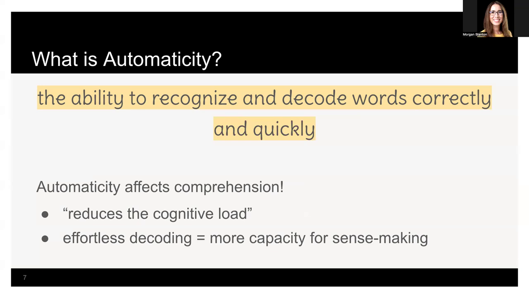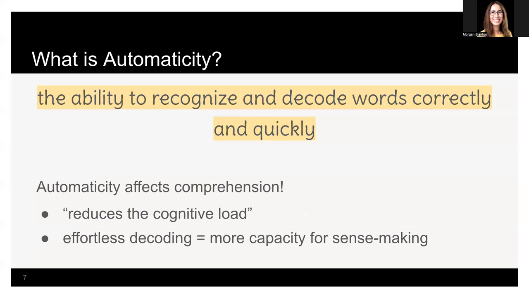So what is automaticity? Automaticity is the ability to recognize and decode words correctly and quickly. So automaticity affects comprehension. You might hear this term about reducing the cognitive load. Reducing the cognitive load simply means that you are doing it effortlessly, so your brain doesn't really have to focus really hard on it because it's an effortless process.